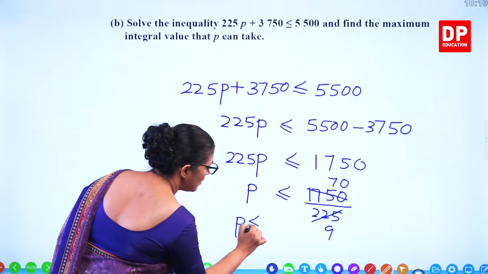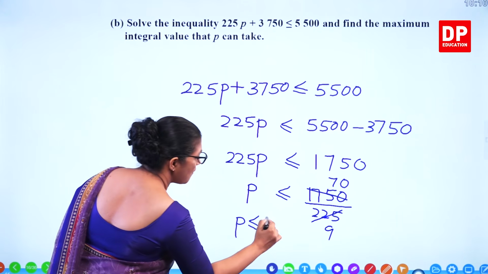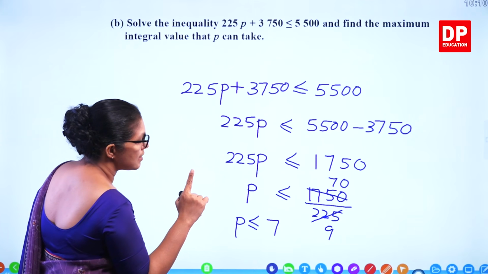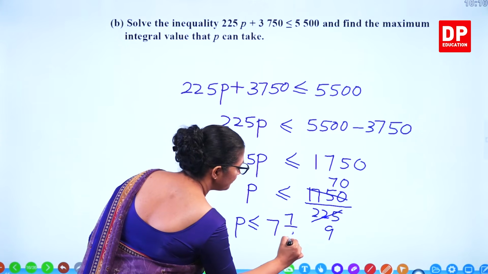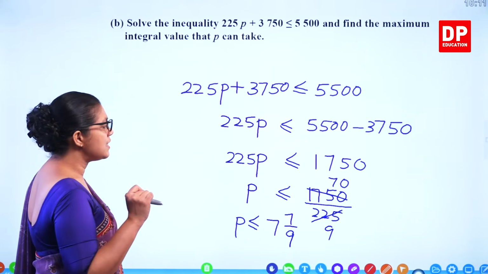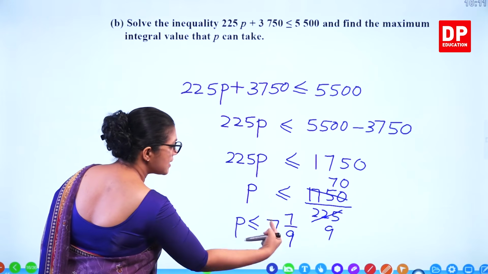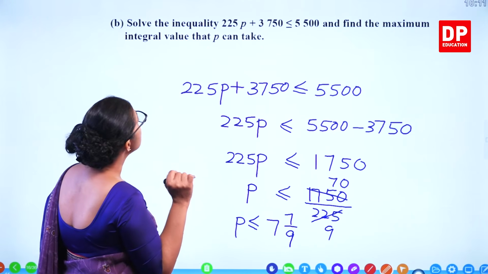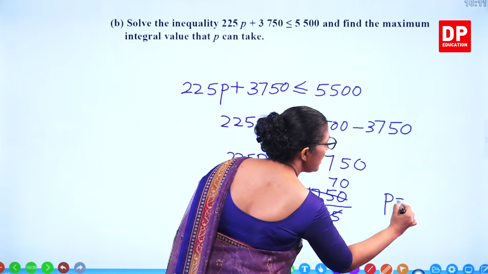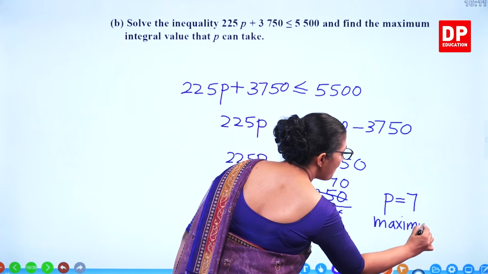Divide. 9 times 7, 63. You get 7 over 9. So this is a fraction. They are asking what is the maximum integer number less than 7 point something. So what's the highest integer value? P equals 7. So P equals 7 is the maximum P value.